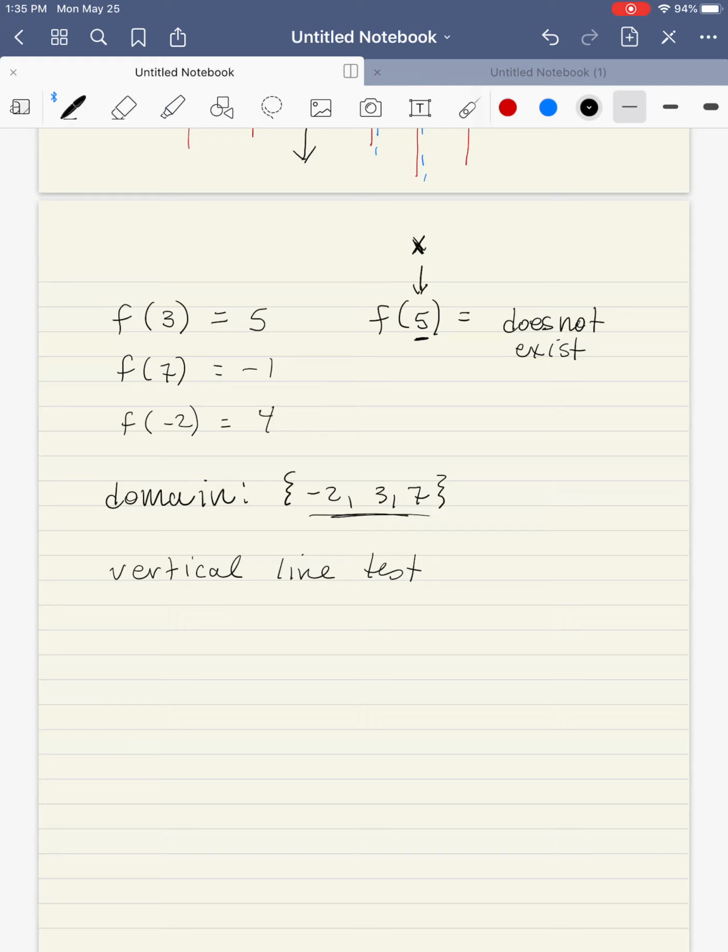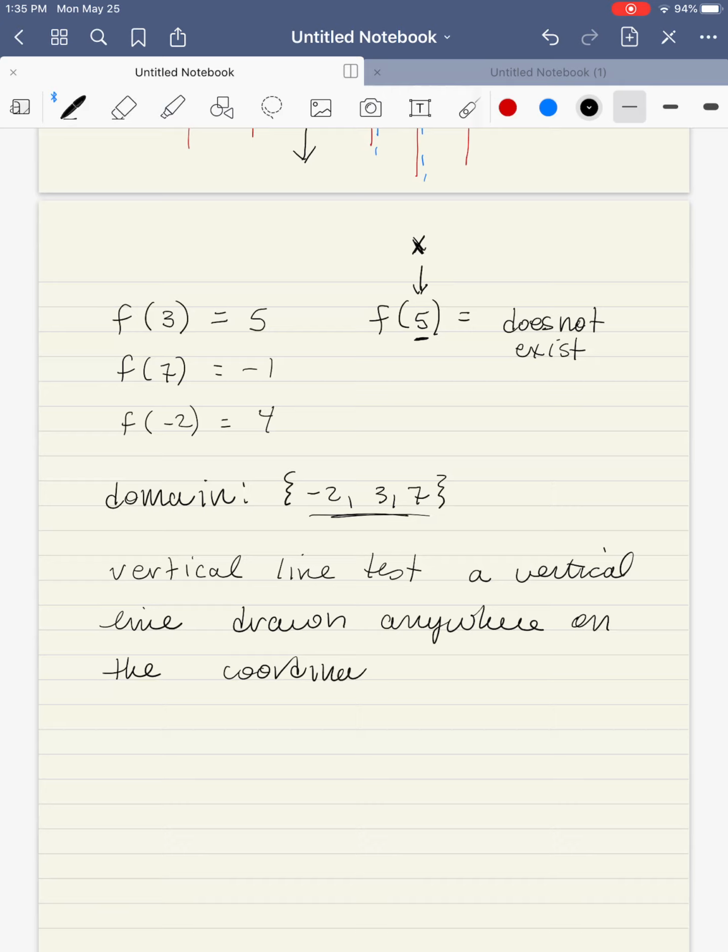And that's if a vertical line drawn anywhere on the coordinate system touches the graph no more than once.